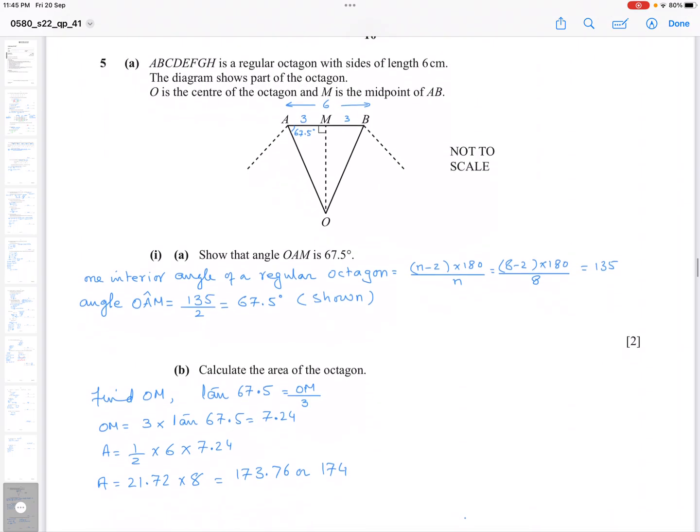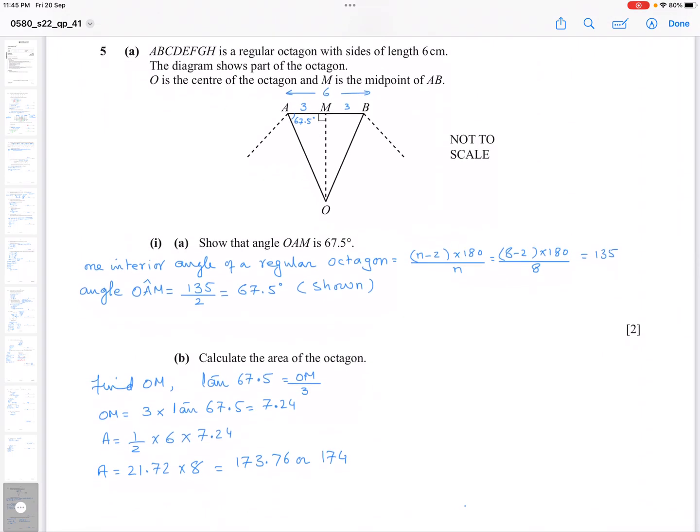Calculate the area of the octagon. So find OM first. In the right angle triangle OAM, you have angle A 67.5 degrees there, and AM length is there, so I can use tan 67.5 equals opposite or perpendicular, which is OM, over base, which is AM, and which is 3.